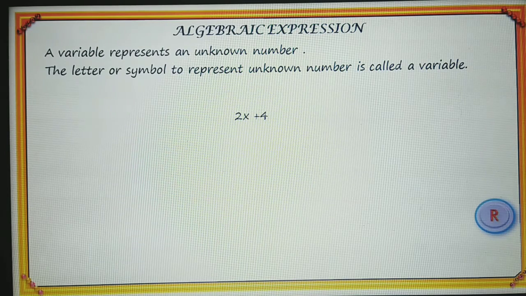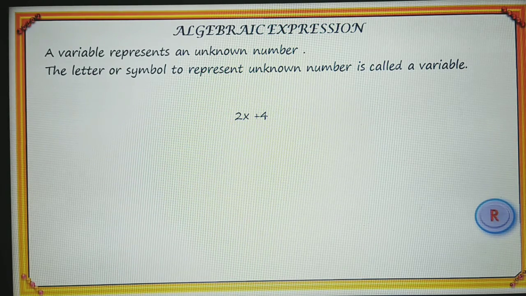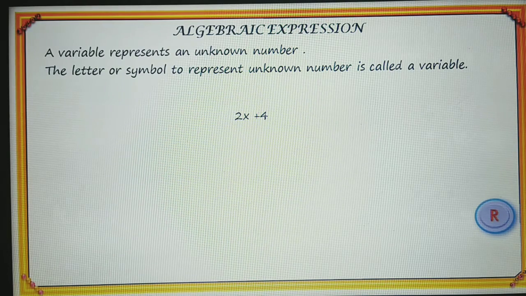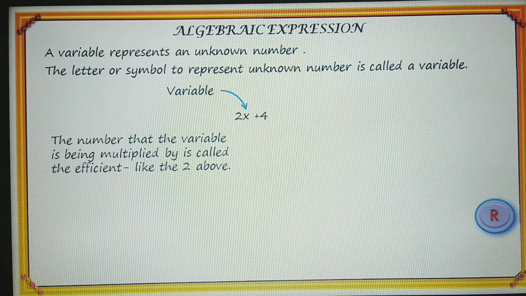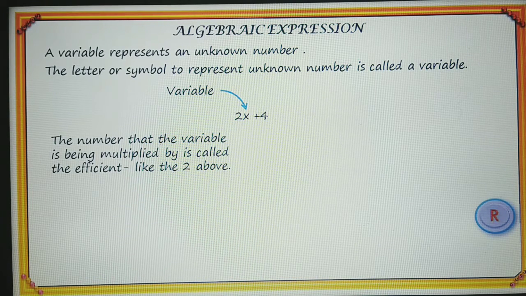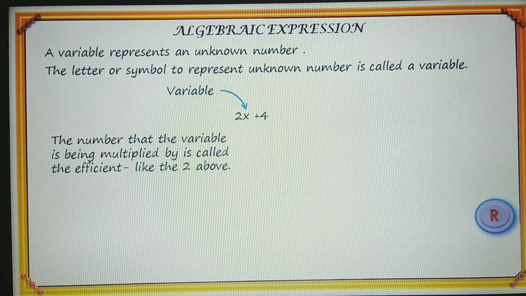And we will use numbers 2, 3, 4, 5, minus 7, minus 8, like that. But these are fixed numbers. We will not find any change in the value. Therefore, we can call them constants. The number that the variable is being multiplied by is called the coefficient, like the 2 above.